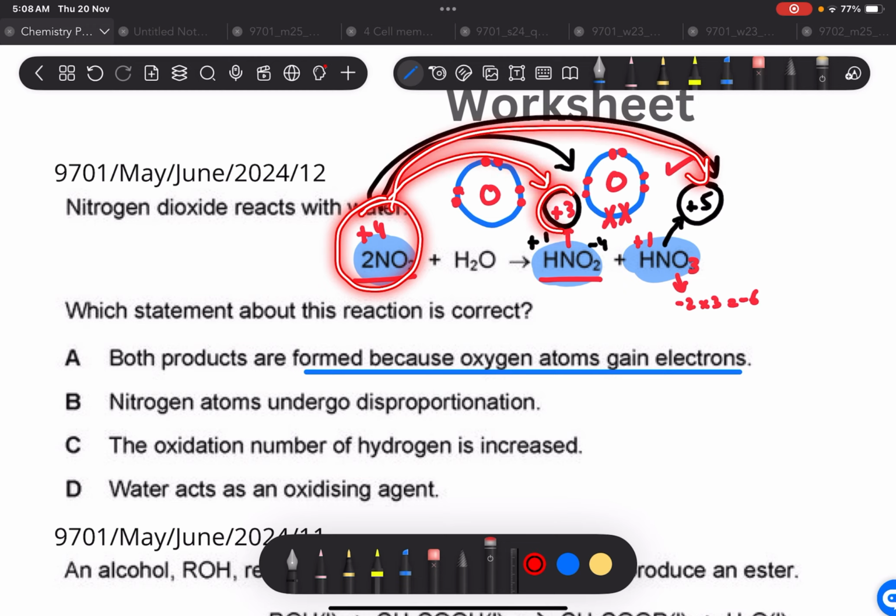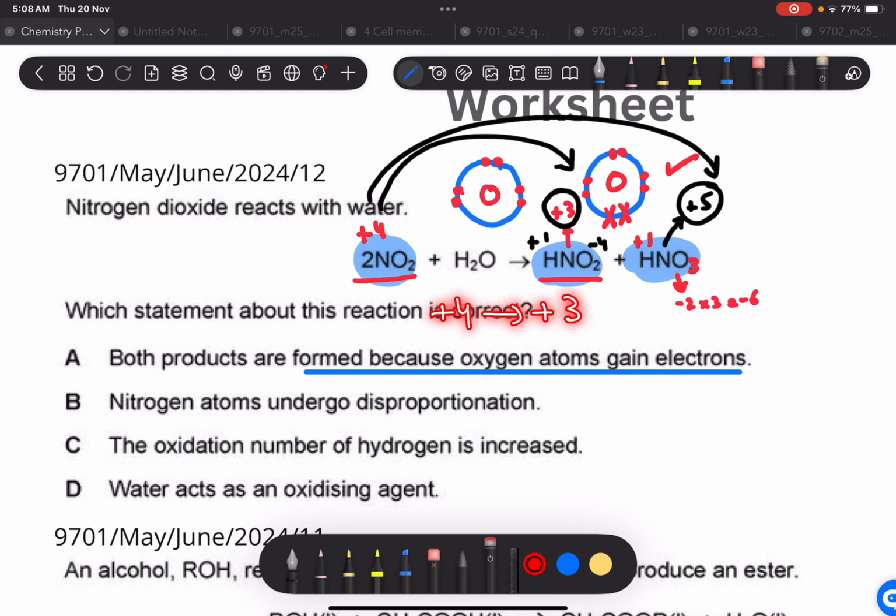There's a decrease in oxidation state going from +4 to +3. That's a decrease in oxidation state. And then there is oxidation as well, going from a +4 to a +5. That's an increase in oxidation state, which is going to make option number B the correct option.